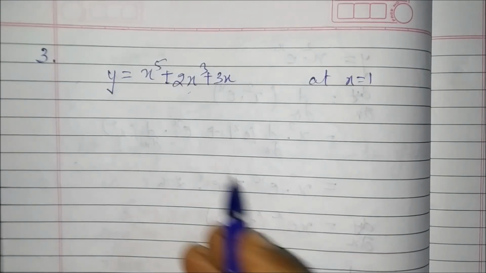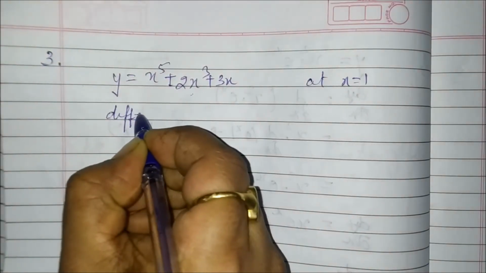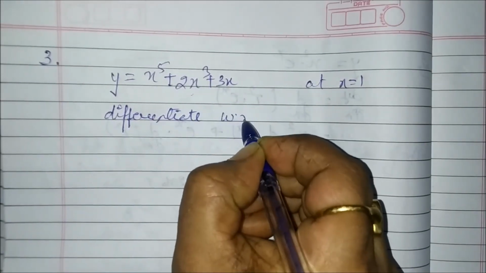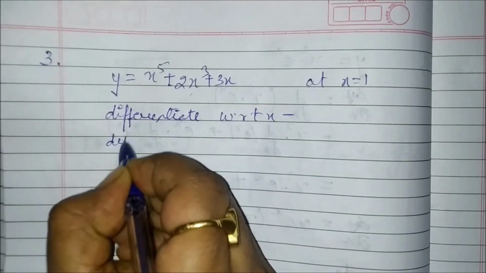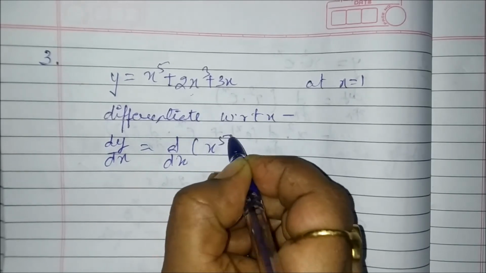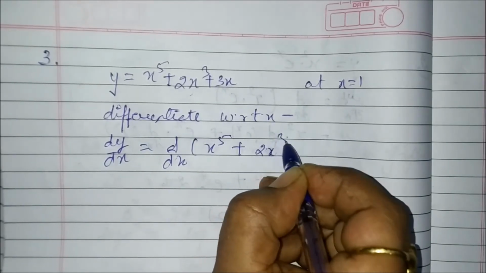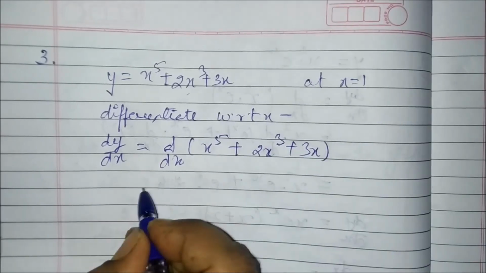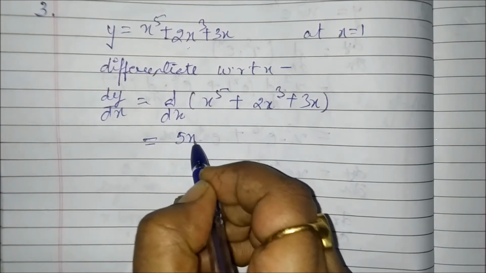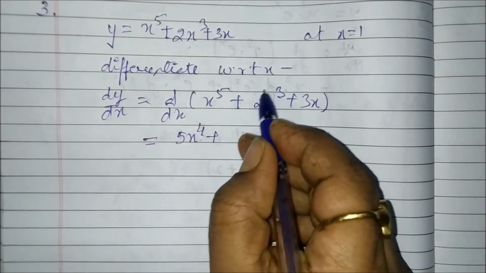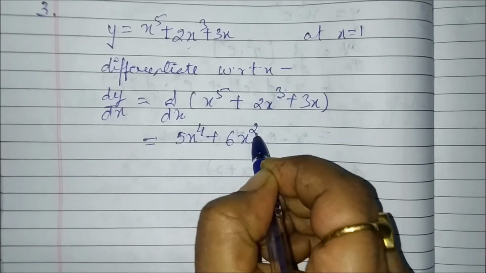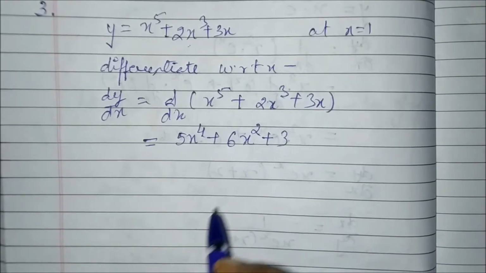So as we are differentiating with respect to x, dy by dx equals d by dx of x raised to 5 plus 2x cube plus 3x, which equals 5x raised to 4 plus the derivative of 2x cube, which is 3 into 2, 6, x raised to 2, plus 3.